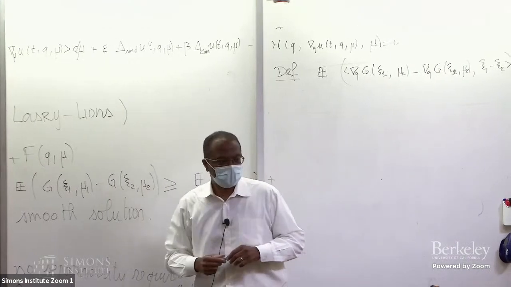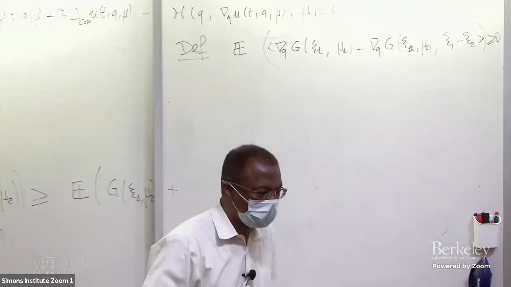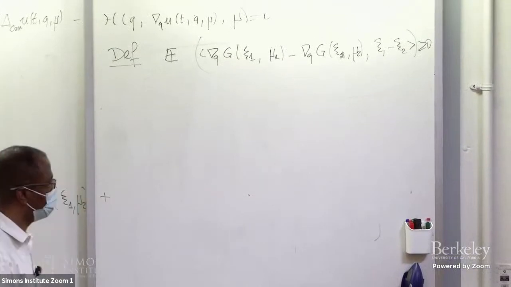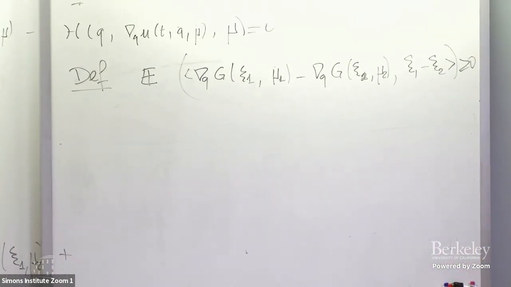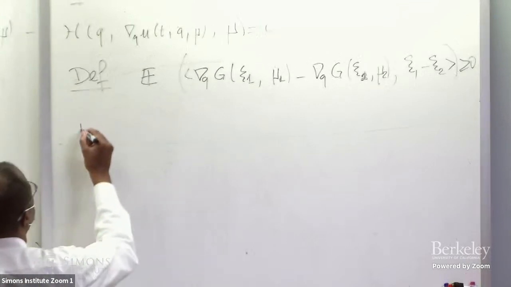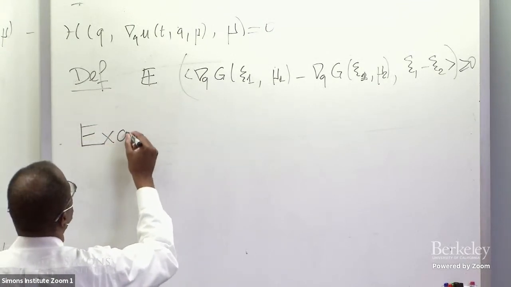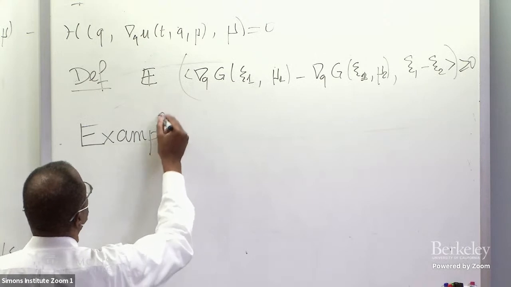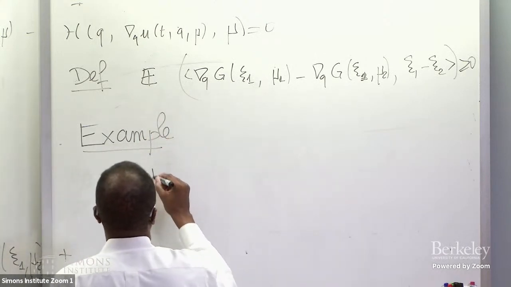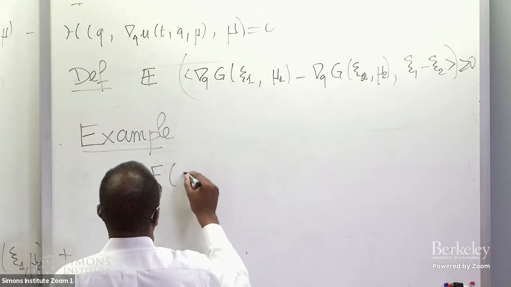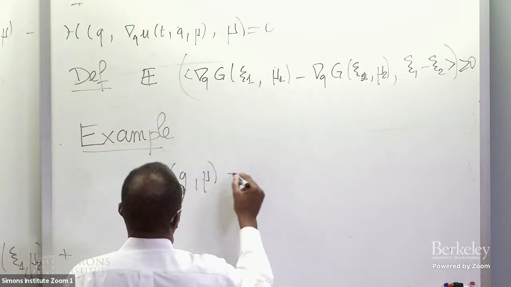So I have, how long do I have left? So, example. Take f of q, μ given by a convolution.